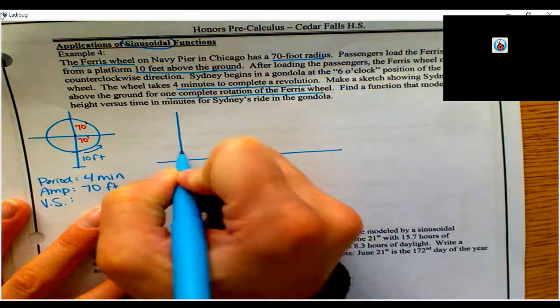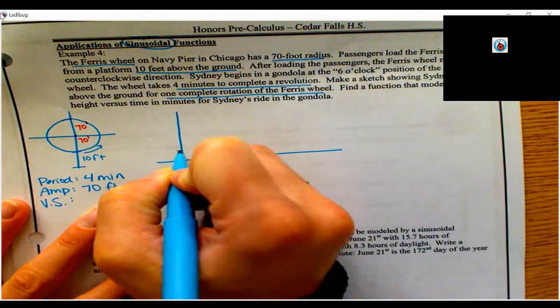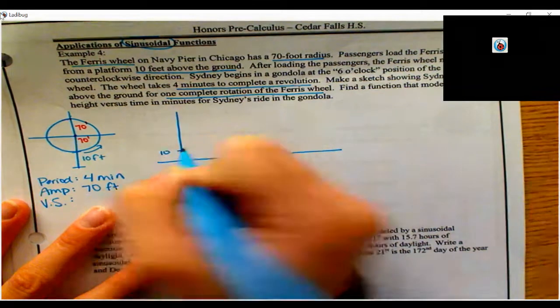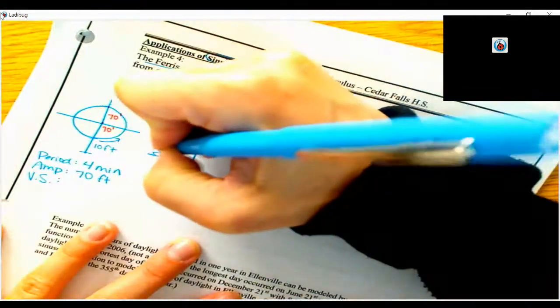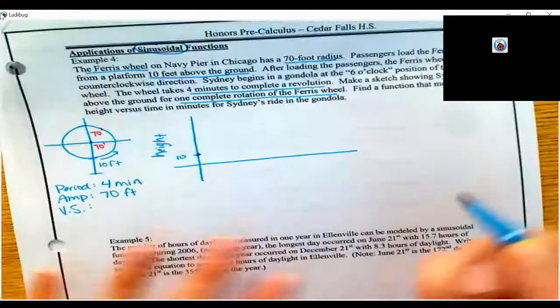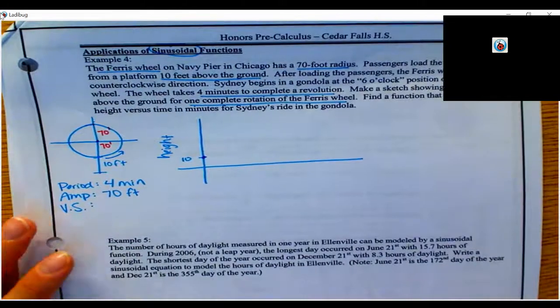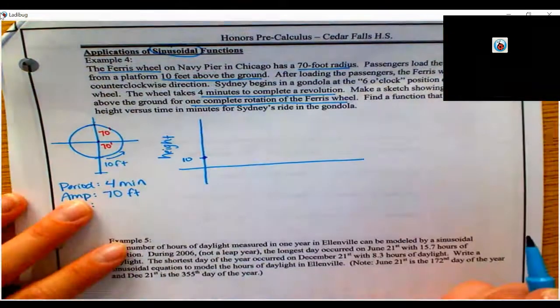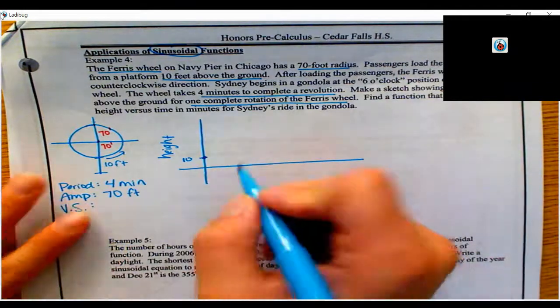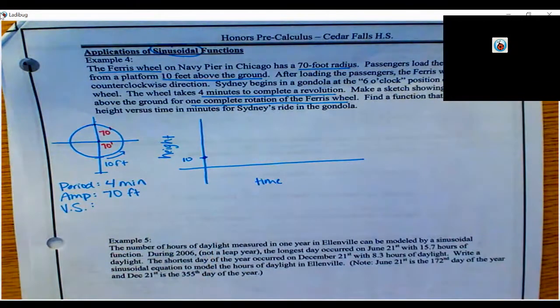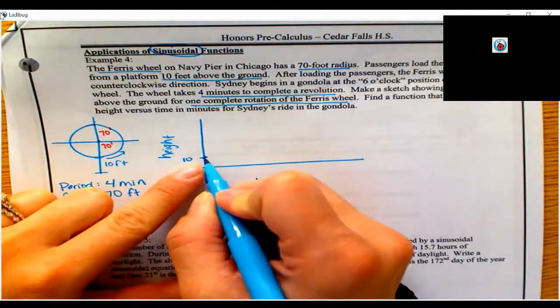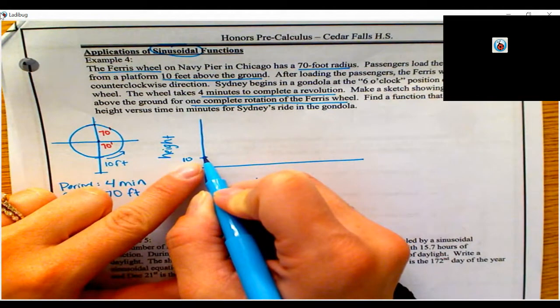Okay, so we want to start our height at 10 feet. So my y value is my height. What's the x-axis going to represent? Time. Yep. Okay, so at 0 minutes, you're at 10 feet above the ground.